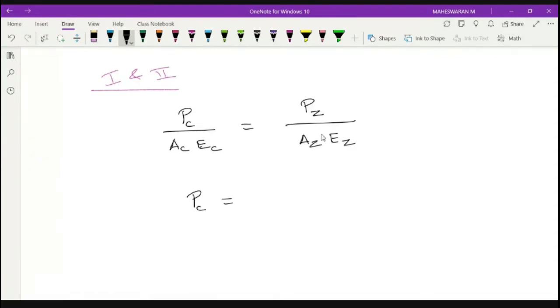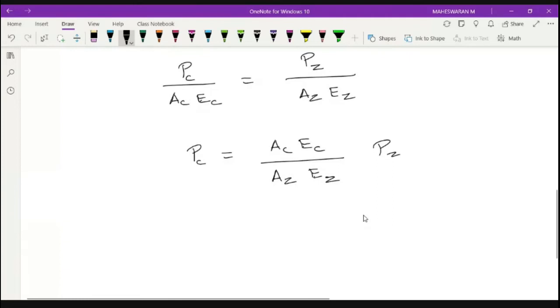Okay, so PC is AC EC divided by AZ EZ, cross multiplying, into PZ. Let me write the data.